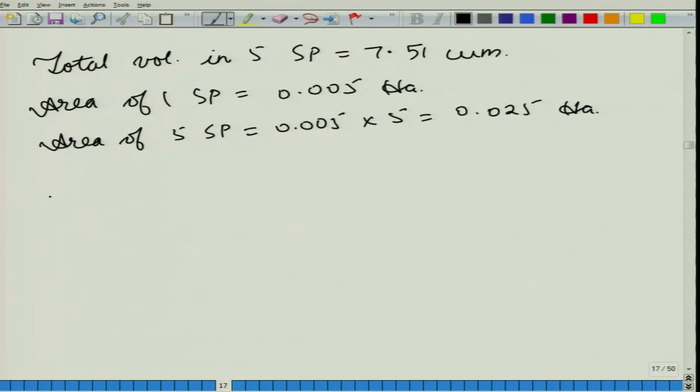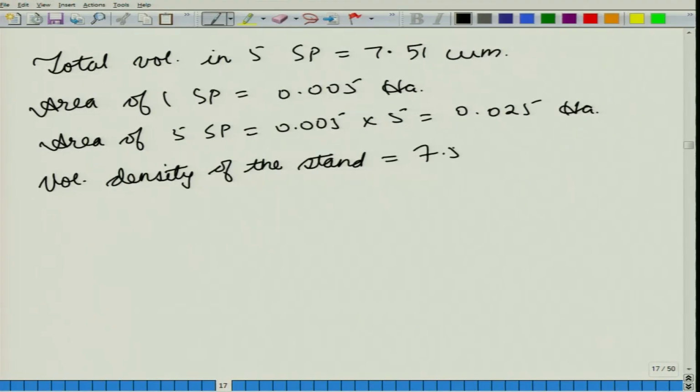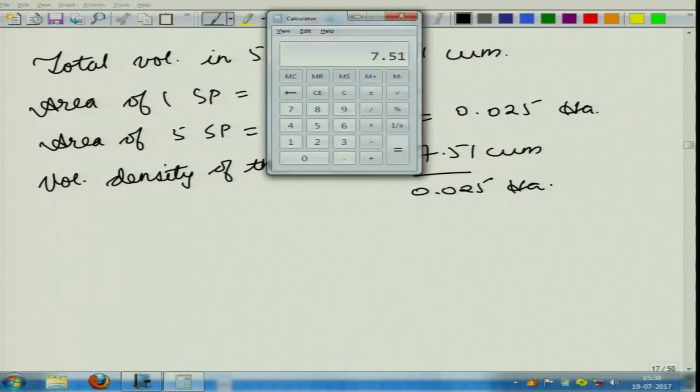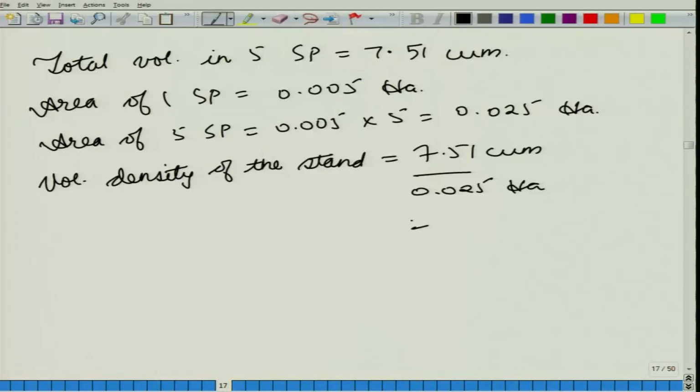If we wanted to find out the volume density of the stand, it will be 7.51 cubic meter divided by 0.025 hectares, that is 300.4 cubic meter per hectare.